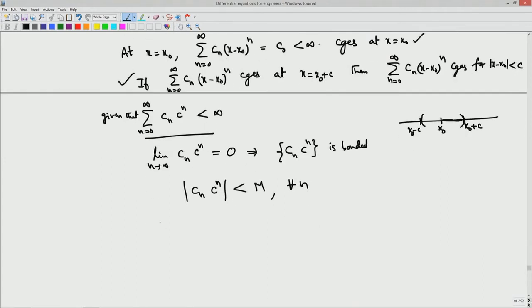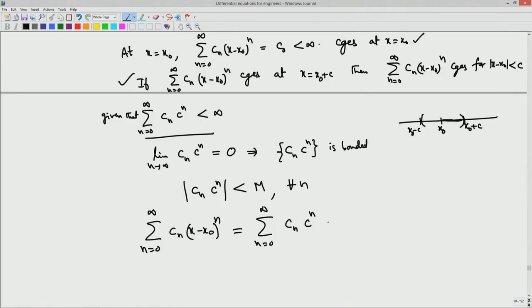Now you look at the sum of C n times x minus x naught power n, n from 0 to infinity. So, I can rewrite it, multiplying and dividing by c power n. In the place of x you put x naught plus c, so that becomes c power n.